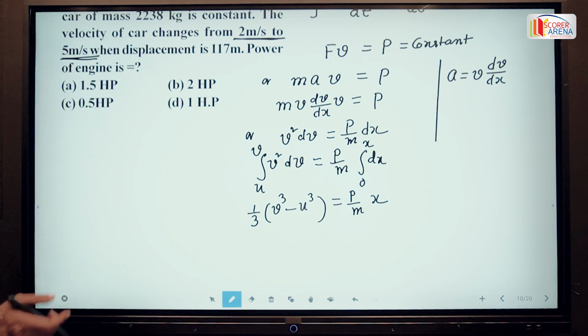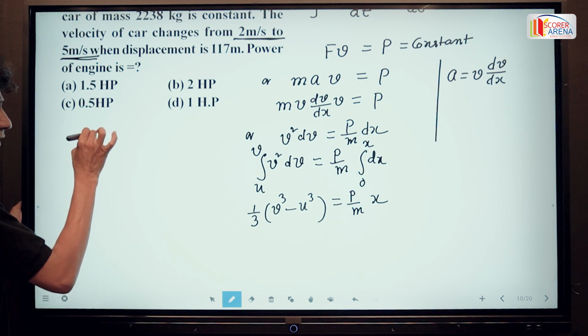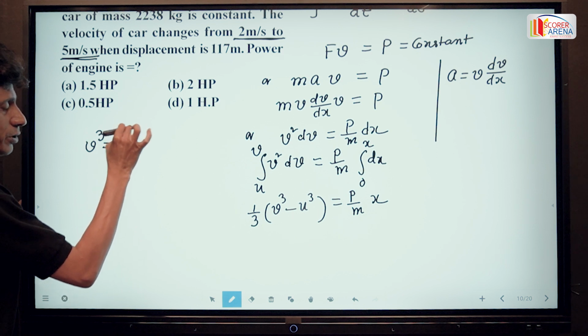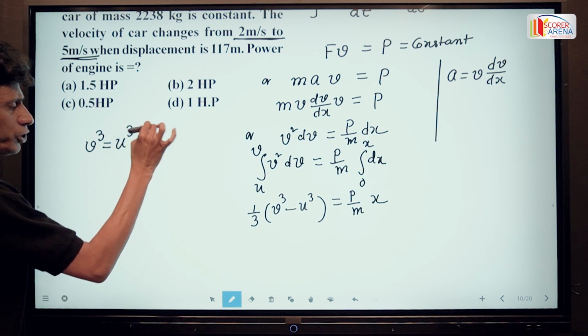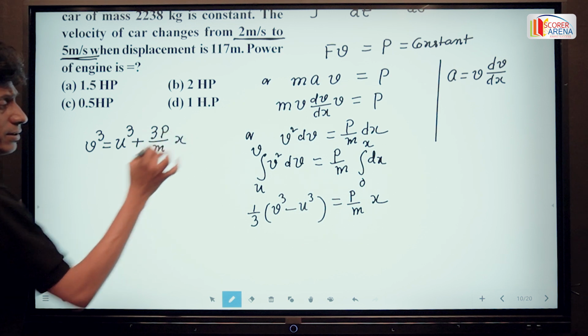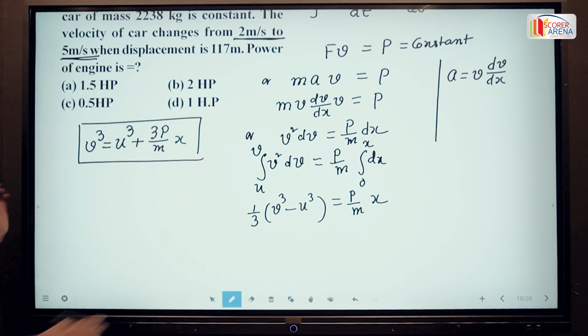It is the equation of motion. The equation of motion can be written this way: v cubed minus u cubed equals 3P by m into x. This is the equation of motion under constant power.